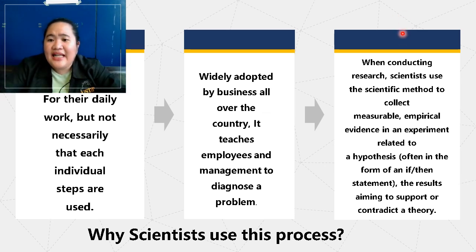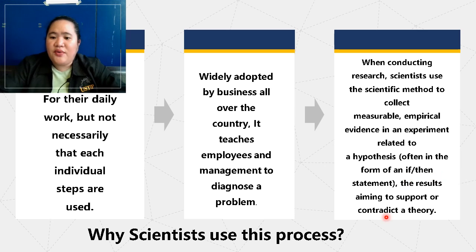Okay? So when conducting a research class, scientists use the scientific method to collect measurable, pwedeng maihap, ma-count, measurable, empirical evidence which is true, factual, correct, in an experiment related to a hypothesis, often in a form of a statement.